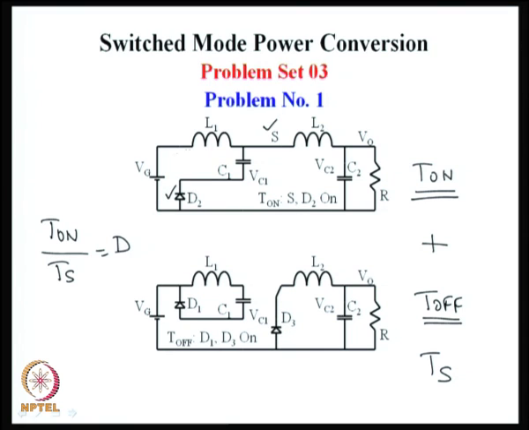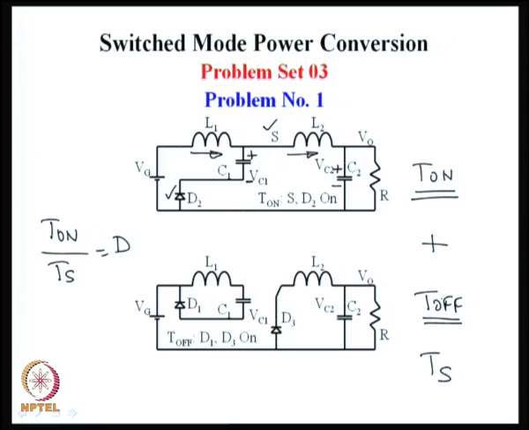Power now is flowing from the source to the load. Inductor L1 has a current of I1 and L2 has a current of I2. Capacitor C1 has a voltage of Vc1 and capacitor C2 has a voltage of Vc2 under steady state condition.